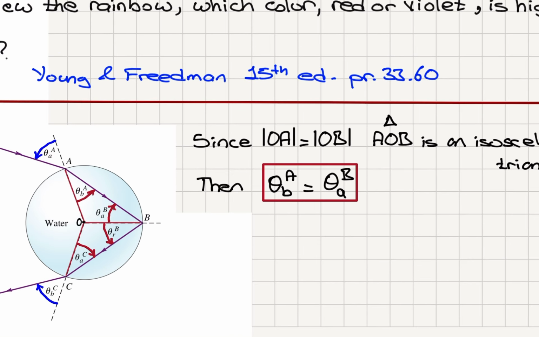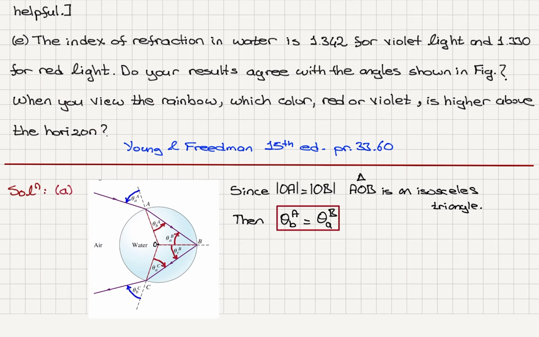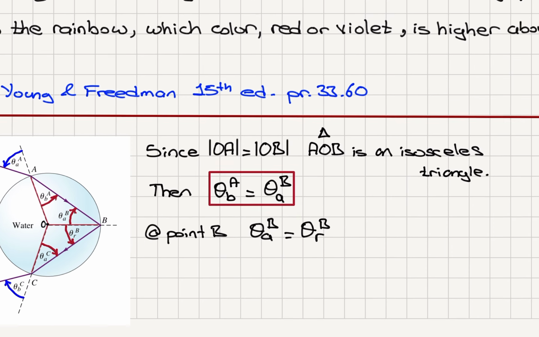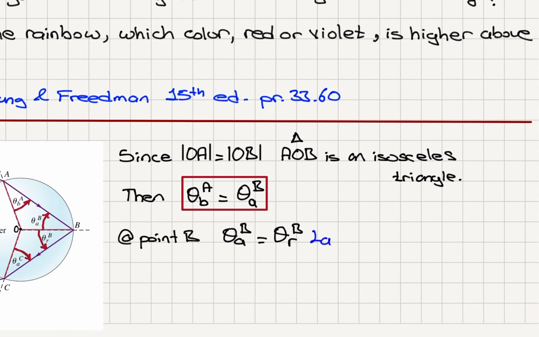So I note that at point B, the angle of incidence at point B is equal to the angle of reflection at point B. This is due to the law of reflection.